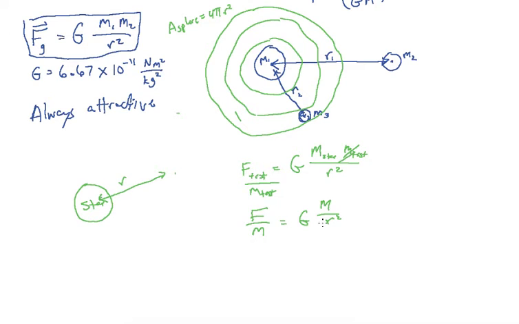And then if you look at this, we can just take whatever number this happens to be. Let's just call it a lowercase g for now. We'll call this our gravitational field. I'm going to rewrite it one more time here. g equals G M over r squared. We can basically just take this g number and multiply it by whatever mass we put there.